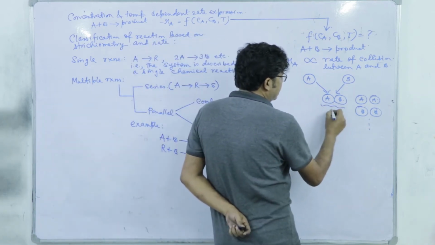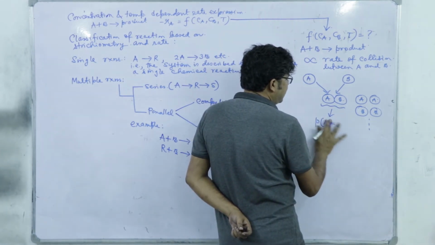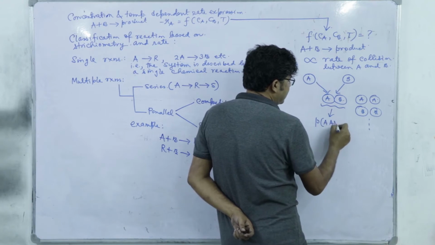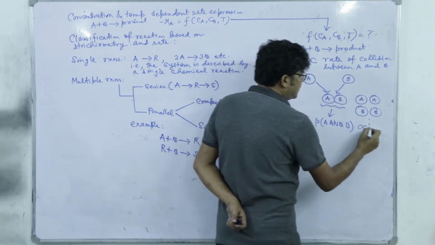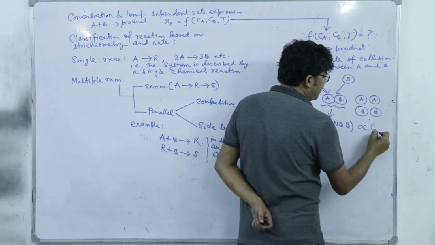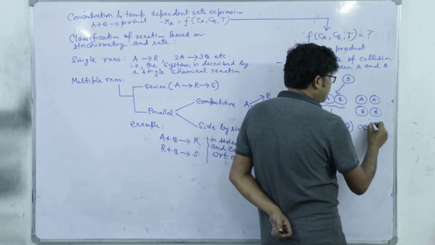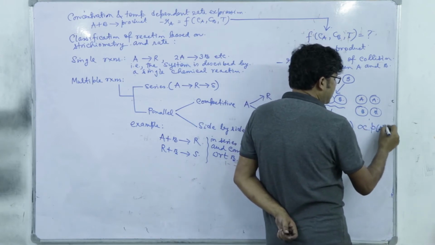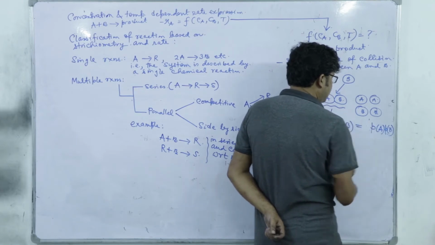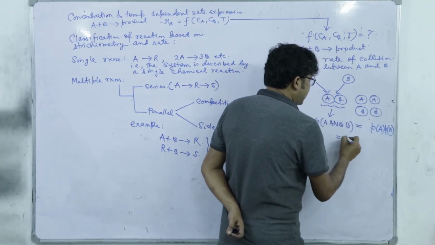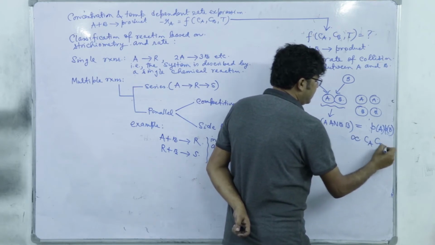So the probability of finding A and B, right, is proportional to the respective product of the concentration, or rather we will say PA into PB, and that is proportional to CA into CB.